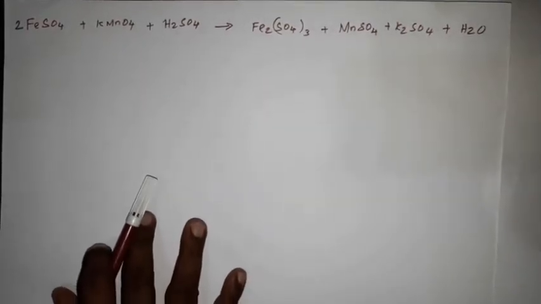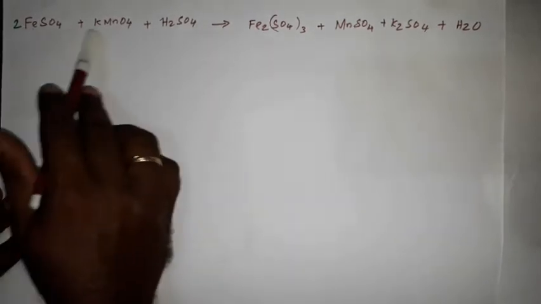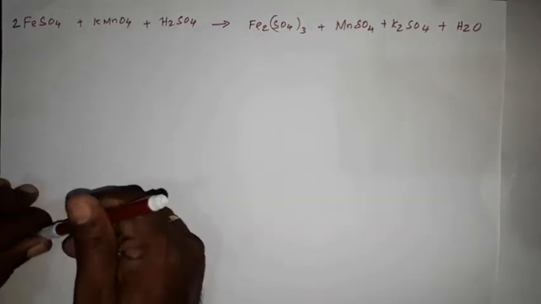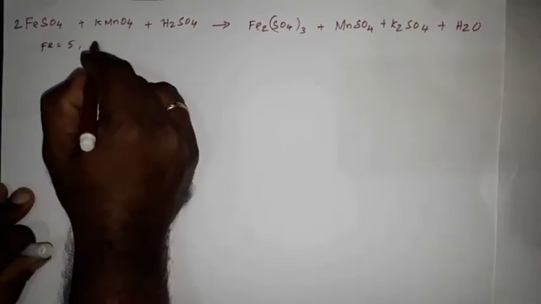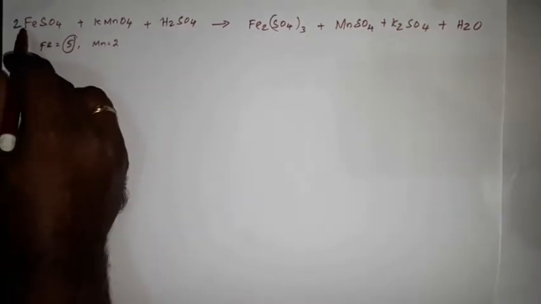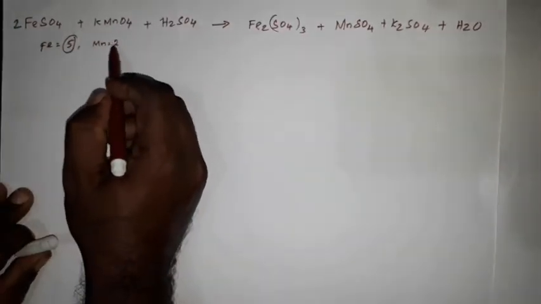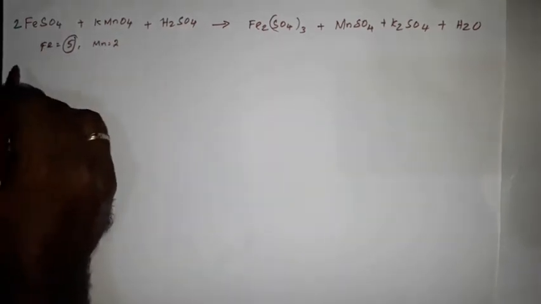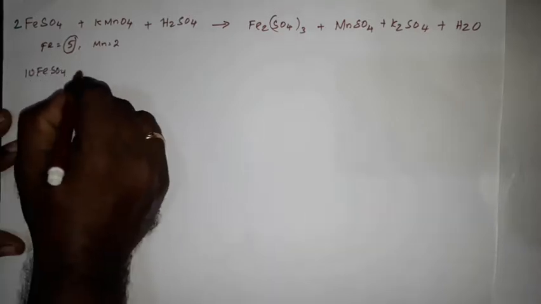So this equation we got from step 3. We balanced Fe and Mn in step 3. According to step 5, we have to use for Fe 5, and for manganese we are going to use 2. So wherever Fe comes you have to multiply by 5, and wherever manganese comes you have to use 2. So 2 Fe I am writing here, 2 into 5, that is 10 FeSO4 plus manganese.